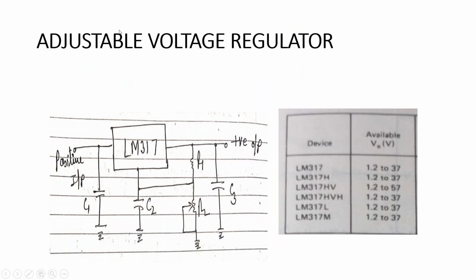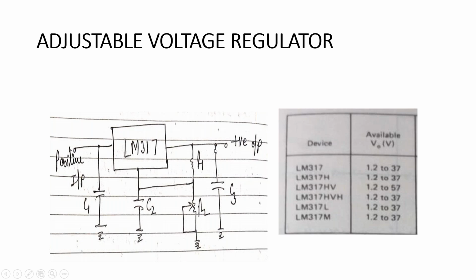Next classification is adjustable voltage regulator. Voltage regulator which allows setting the output voltage to a desired regulated value is known as adjustable voltage regulator. LM317 is an example of adjustable voltage regulator.